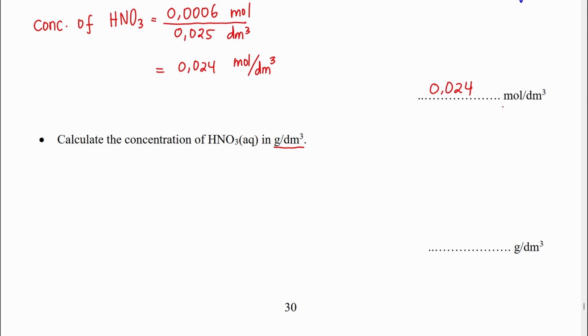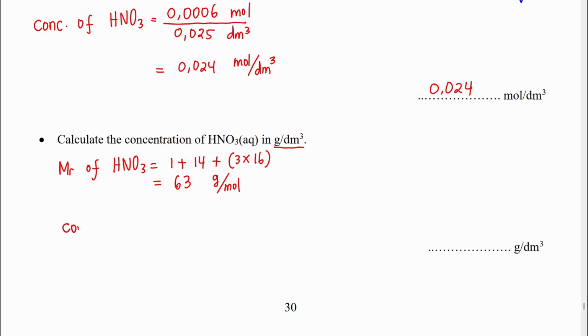To convert the concentration from mol/dm³ into g/dm³, we need to multiply the concentration by its Mr. So first of all, we find the Mr of HNO3. So what is the Mr? Hydrogen is 1, nitrogen is 14, oxygen is 16. So 1 plus 14 plus 3 times 16 equals 63. And the unit is g/mol.